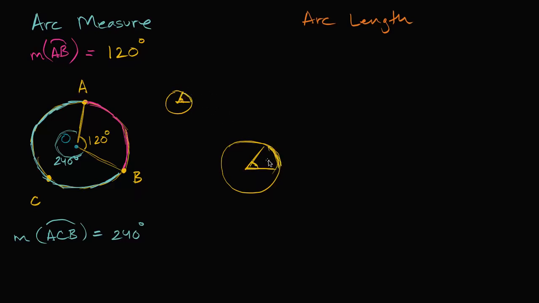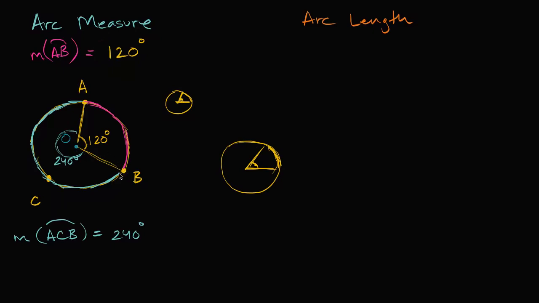But clearly these two arc lengths are different. The arc length is not going to depend only on the measure of the central angle. The arc length is going to depend on the size of the actual circle. Arc measure is only dependent on the measure of the central angle that intercepts that arc.